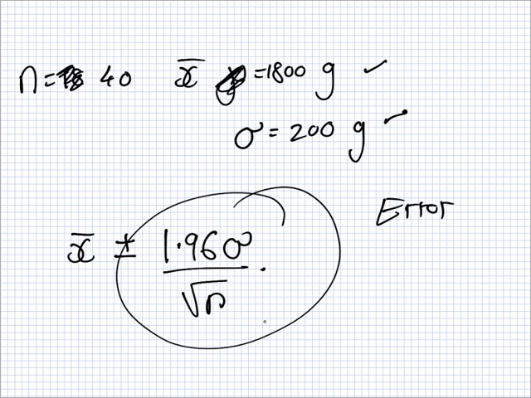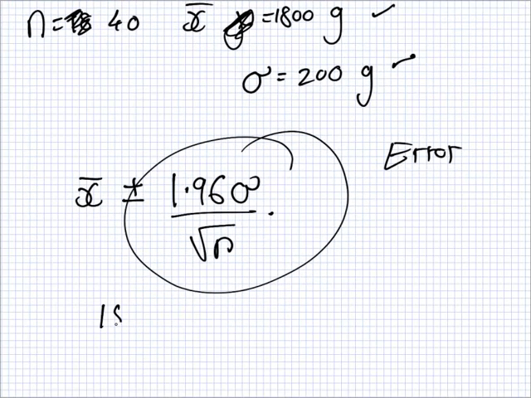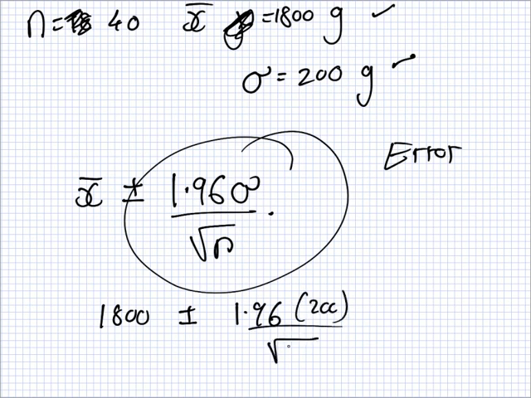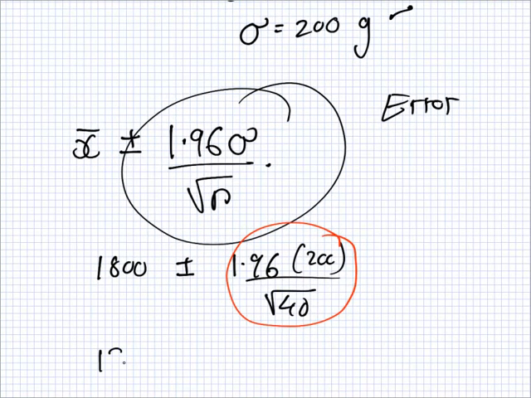Okay, so let's calculate it here. What have we got here? 1800 plus or minus 1.96, 200 over root 40. Now, can somebody just tell me what this part is here? Just this whole fraction here.